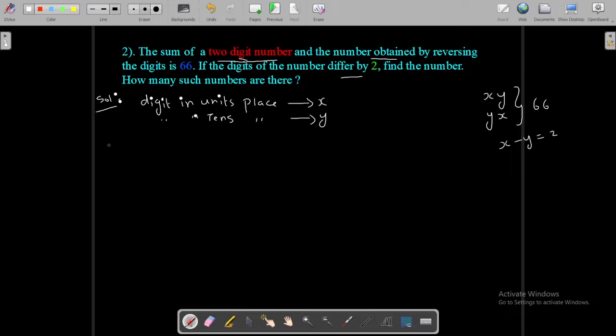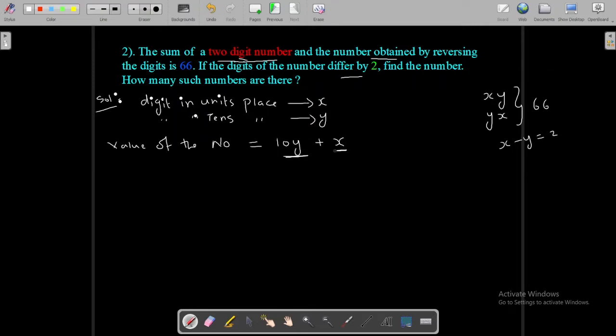Then the value of the number will be 10y plus x. So this is our ones digit and this is our tens digit.